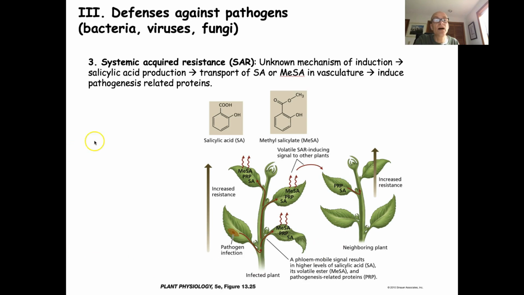Okay, so that then leads to systemic acquired resistance. So that is the term that will describe responses in parts of the plant or other plants that haven't been attacked, but that are still producing these secondary compounds as defense molecules in case of attack.